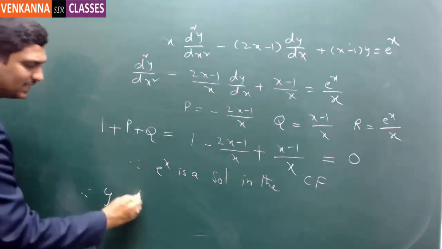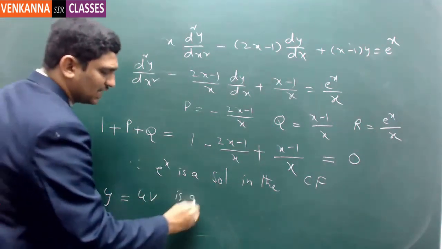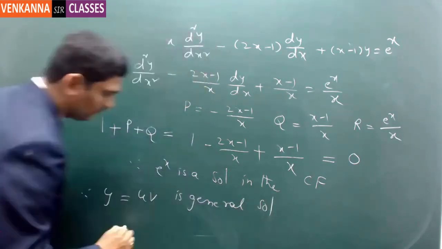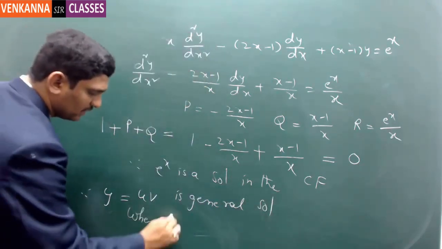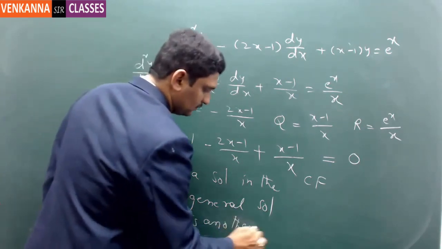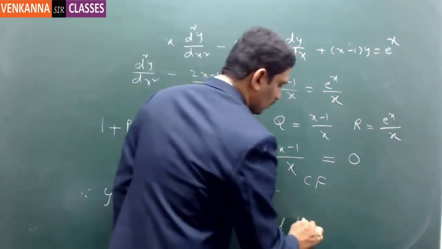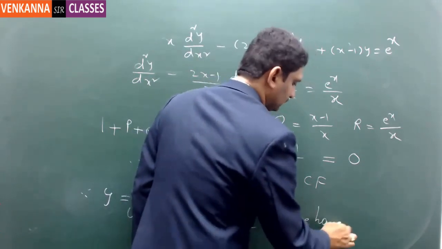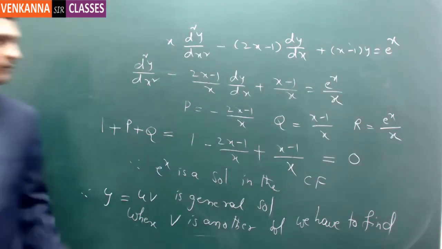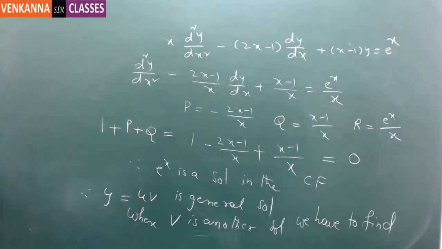Therefore, y is equal to uv is the general solution, where v is another solution we have to find. This is the ideology. Please take a note of that.